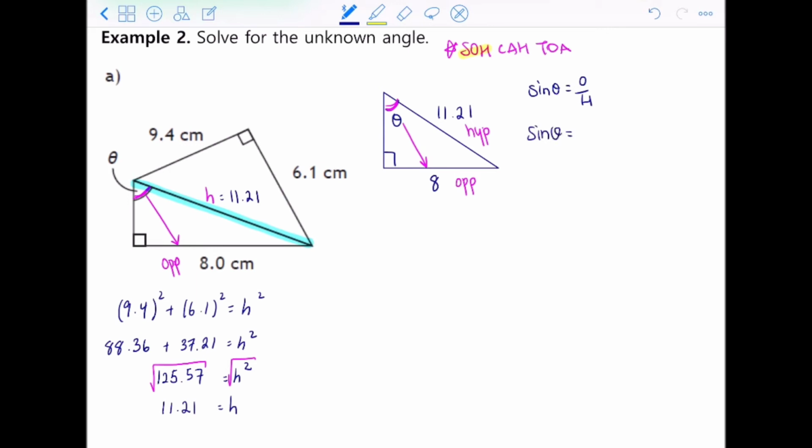Sine theta equals opposite, which is 8, over hypotenuse 11.21. And like before, when you're looking for the angle theta, you do need to use an inverse trig function. In order to revert that trig function, we need the inverse sine function here. And whatever is on the right-hand side goes straight into the bracket. All right, so let's punch it into our calculator.